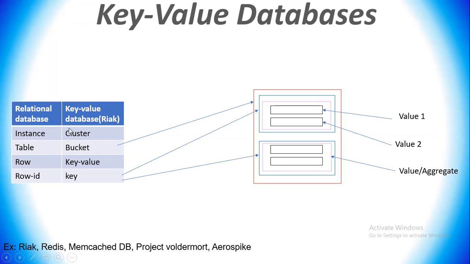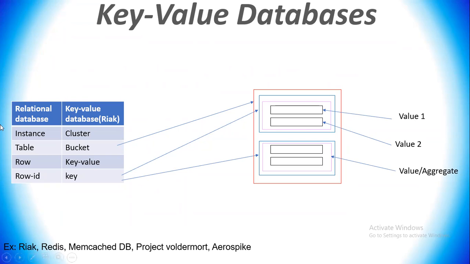How do those terms differ? And we'll also discuss some examples and this structure. I mean, there is no definite structure, but there is this way of having key value stores, right?